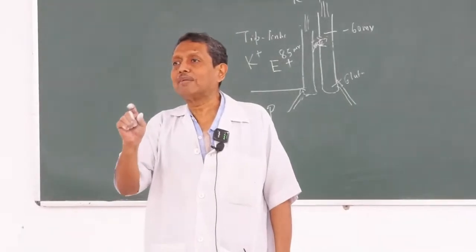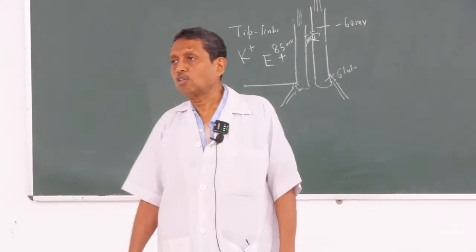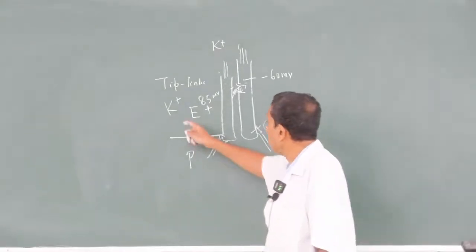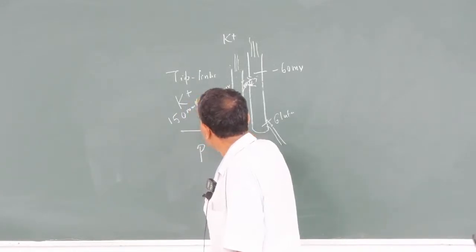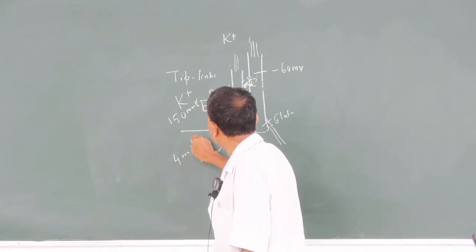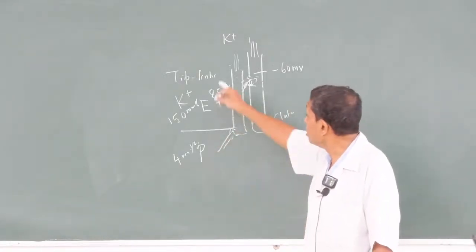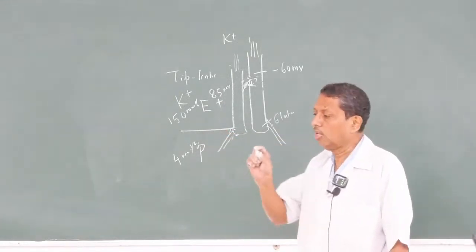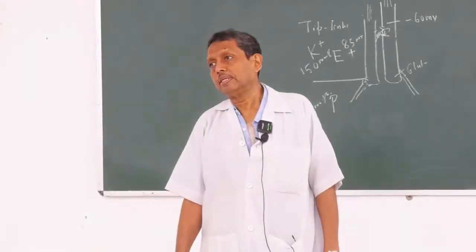The endolymph is secreted by the cells of the stria vascularis, and its potassium concentration is much more than that of the perilymph. Suppose here the concentration is 150 millimole per liter, and in the perilymph potassium is 4 millimole per liter. There is no communication between this endolymph-containing site and the perilymph-containing site. This cochlear duct or scala media is continuous with the membranous labyrinth everywhere.